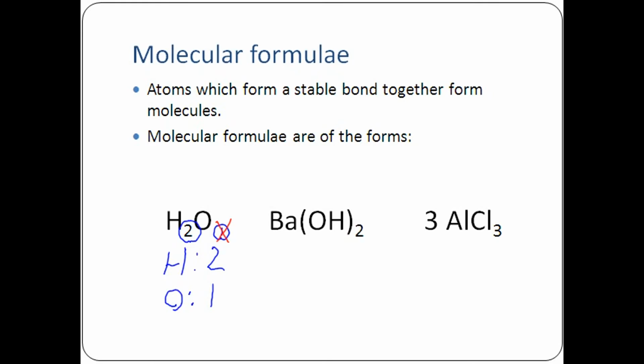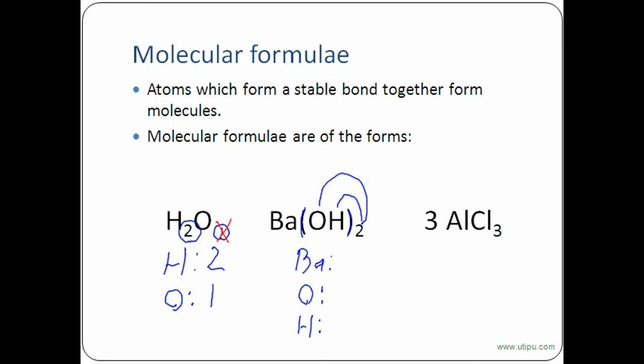Now that subscript, as we said, talks to the previous element. The only exception to that is on our second one here, Ba(OH)2. If there's a parentheses, like there is right there, the 2 talks to everything that happens before it. So in this case, that 2 distributes to both the hydrogen and the oxygen. And so writing this out, we have barium, oxygen, and hydrogen as our 3 elements.